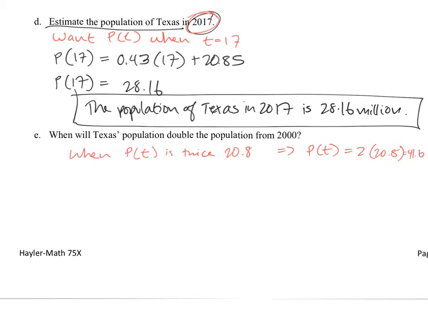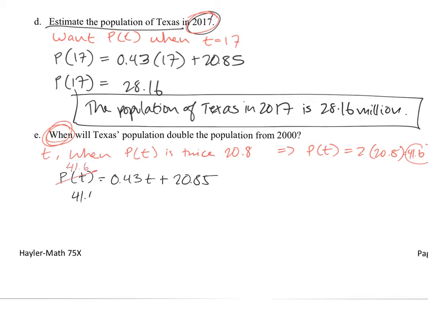Alright, so we want t, because that's the time we're looking for. We want t when P of t is 41.6. So let's go ahead and plug that into our equation. So here's our normal equation. P of t equals 0.43t plus 20.85. And this time we're trying to find t, and we're substituting in P of t for 41.6.